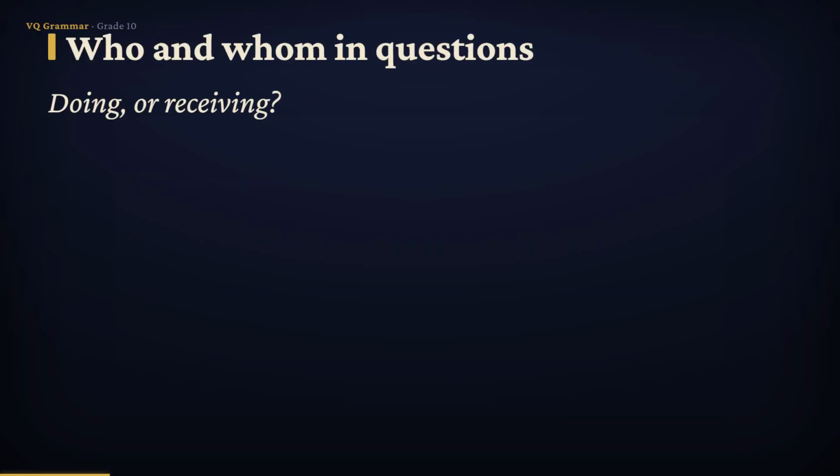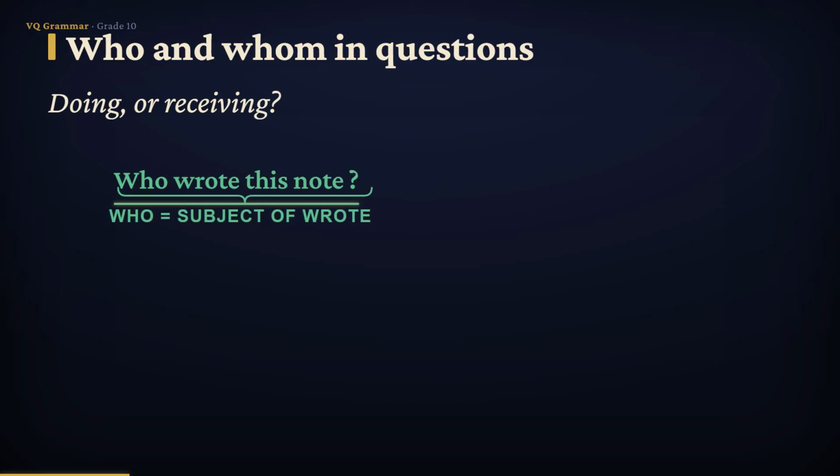Now let's put that idea to work inside a question. Sentence 1. Who wrote this note? Ask what job the pronoun is doing. Somebody did the writing, and that somebody is the pronoun. So who is the subject of the verb wrote? A subject takes the nominative form, and who is nominative. Sentence 2.